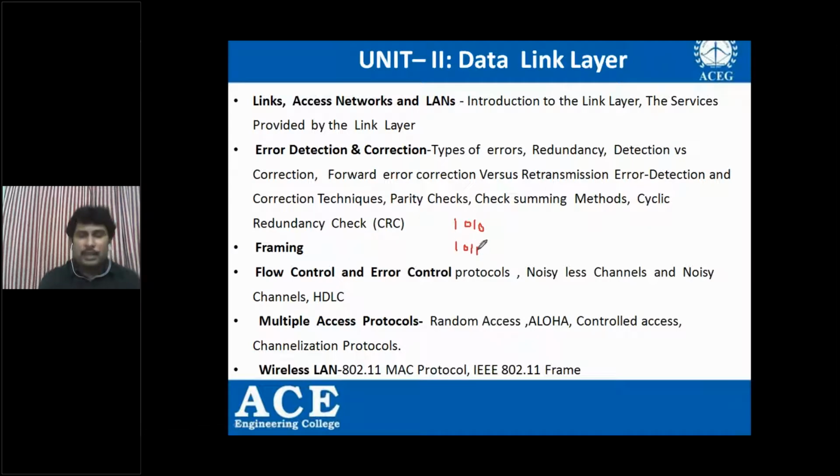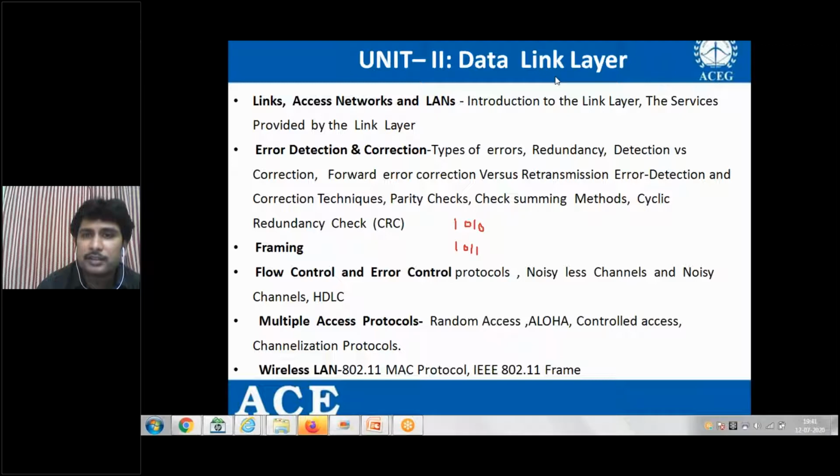Now, at the receiver, the data received was 1011, but the data transmitted was 1010. If we simply say that there is an error in the data, but I don't say what the error is, then that phenomenon is called error detection. So only specifying whether there is an error or not, we call it error detection.